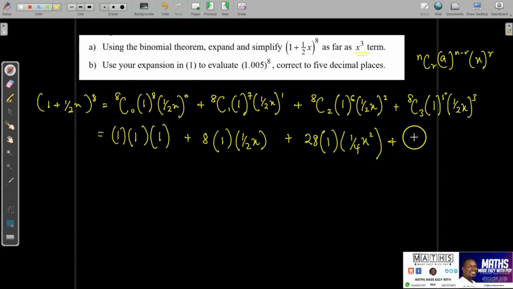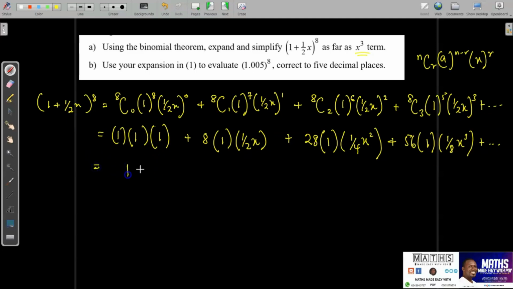Plus 8 combination 3, what's the answer? 56. 1 to the power 5 is 1. And then half x all cubed will be 1 on 8, then x cubed. So this is what we have, because we are going as far as the x cubed term, and that's where we end. But you have to include the continuation dots.